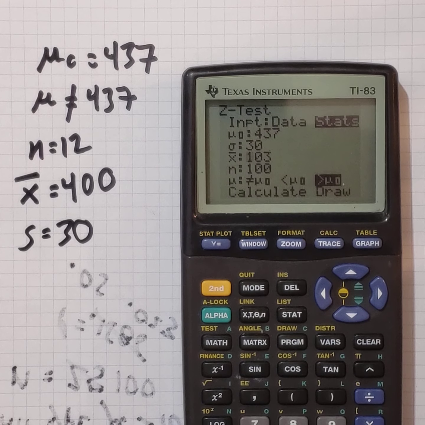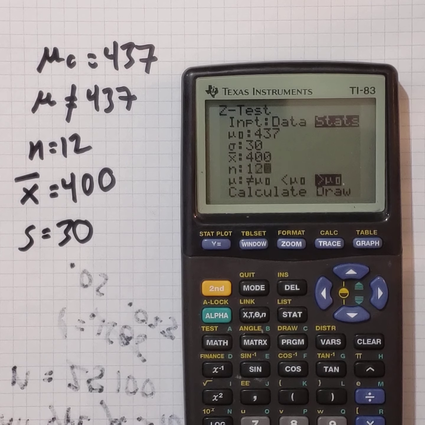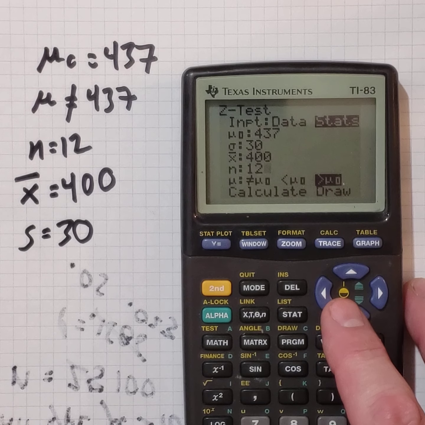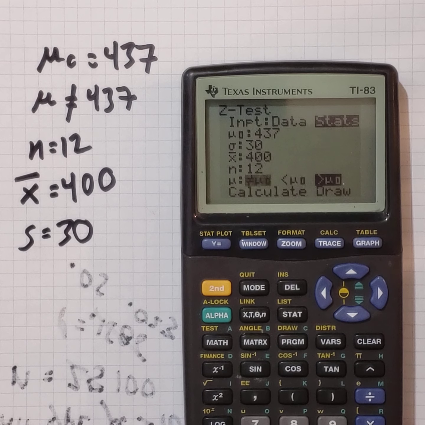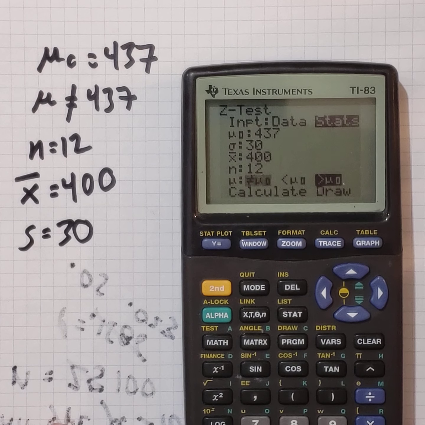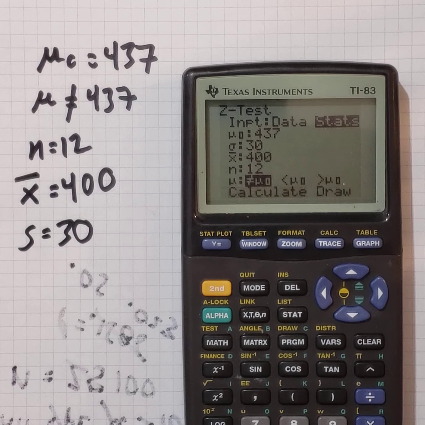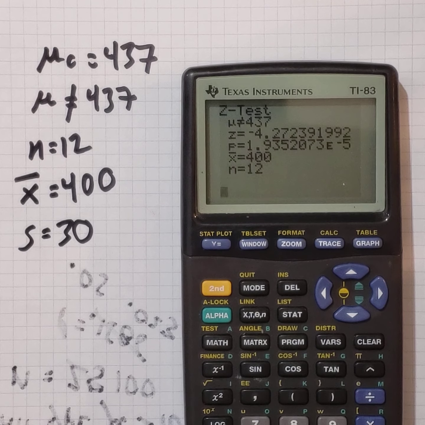The average of my sample actually is 400. The size of my sample, very small, only 12. And the nature of my test is the not equal to, the two-tailed test, because I don't know if I'm talking about being on the upper end or the lower end. I just know that we're not in the middle there. And we calculate.